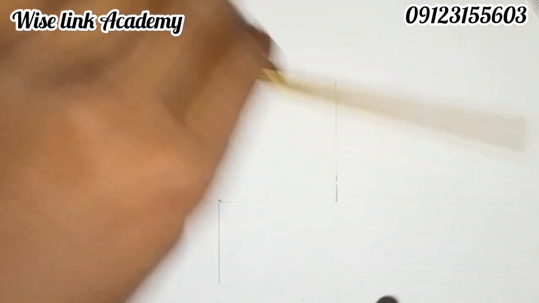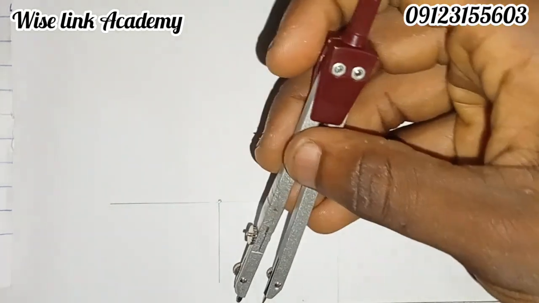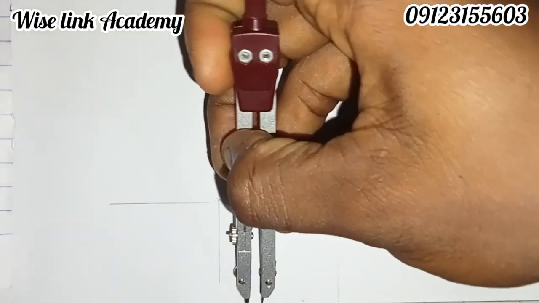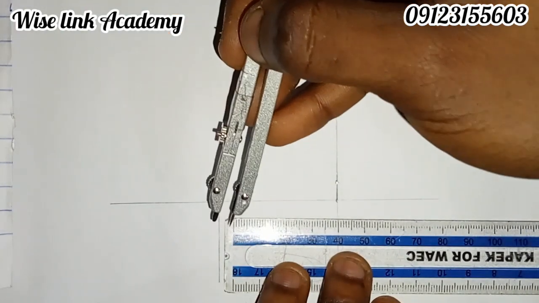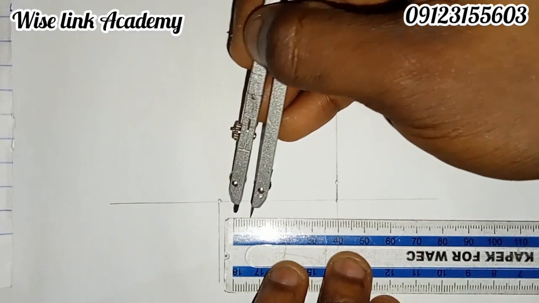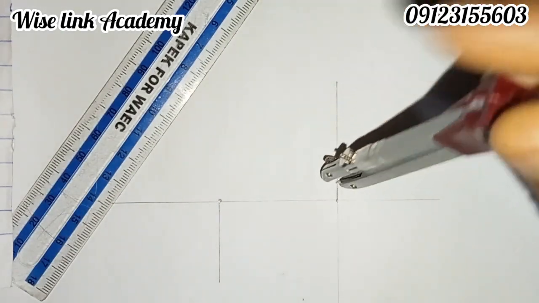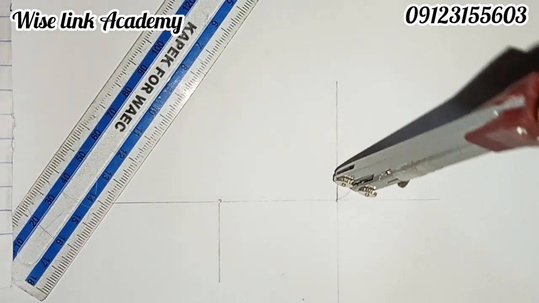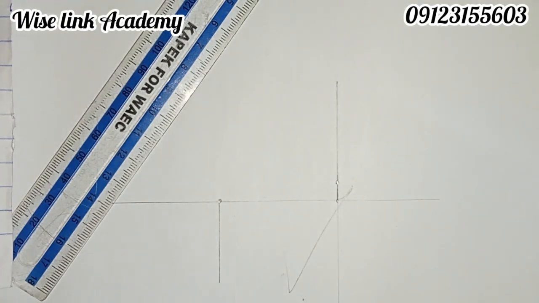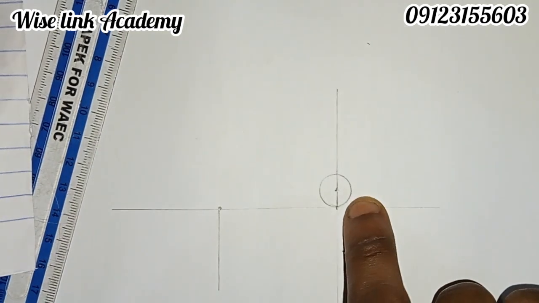You take your compass, you measure radius 6. This is my 6, as you can see. You put it at this point, you draw a circle. I have successfully drawn my radius of 6.